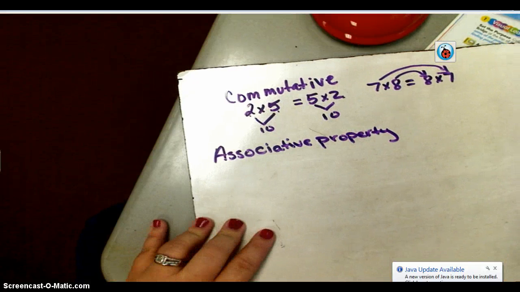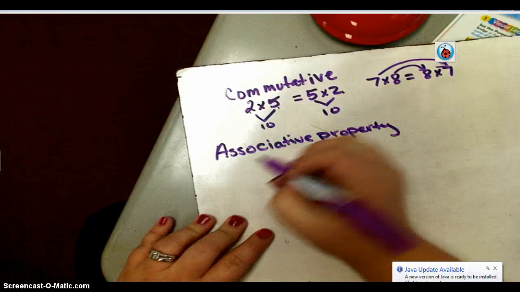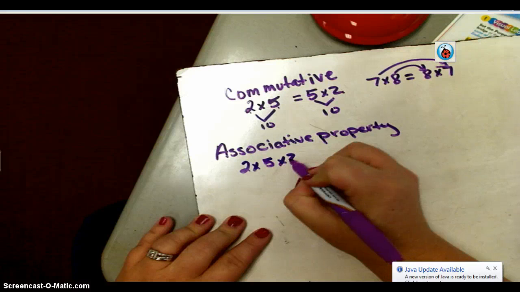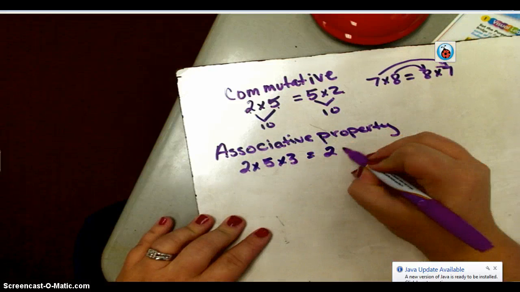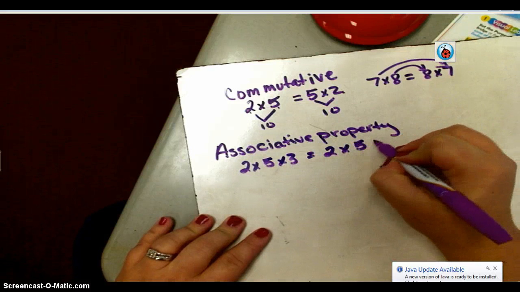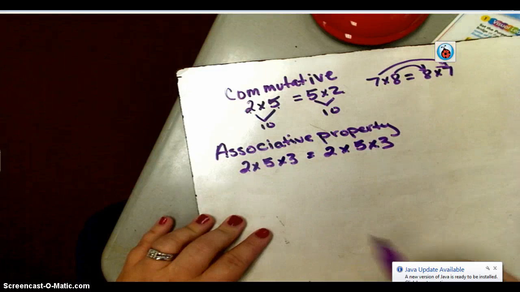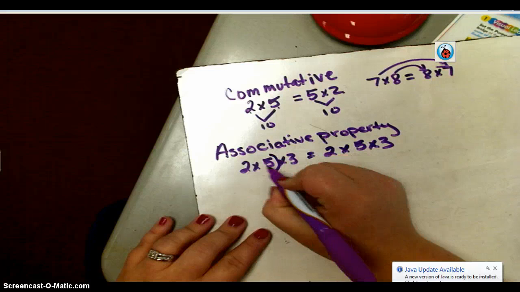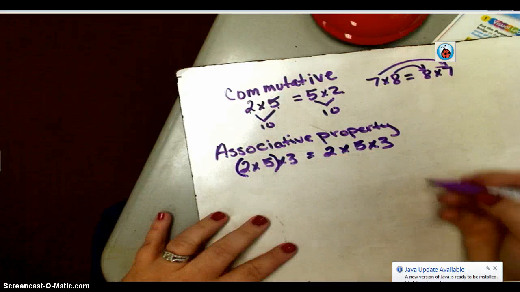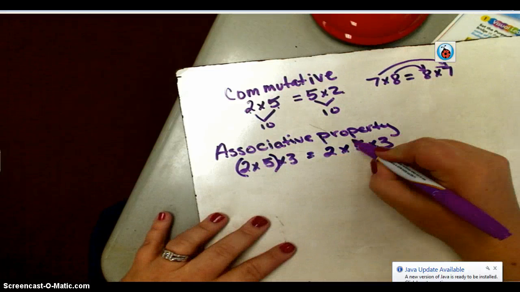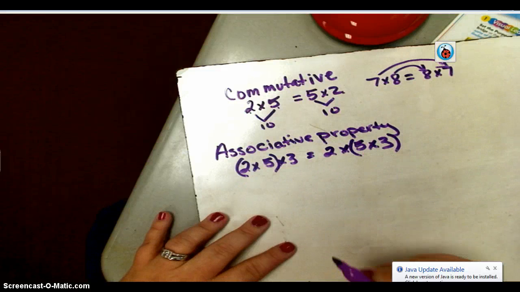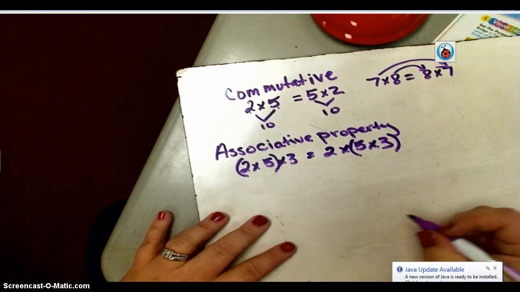And all associative is saying, if I have something where I'm multiplying multiple numbers, an example here, and this is the one that's across the top of your book. If I have 2 times 5 times 3, and I put parentheses around 2 times 5, associative property says I can change the location of those parentheses and put it around 5 times 3, and I'm still going to get the same answer.